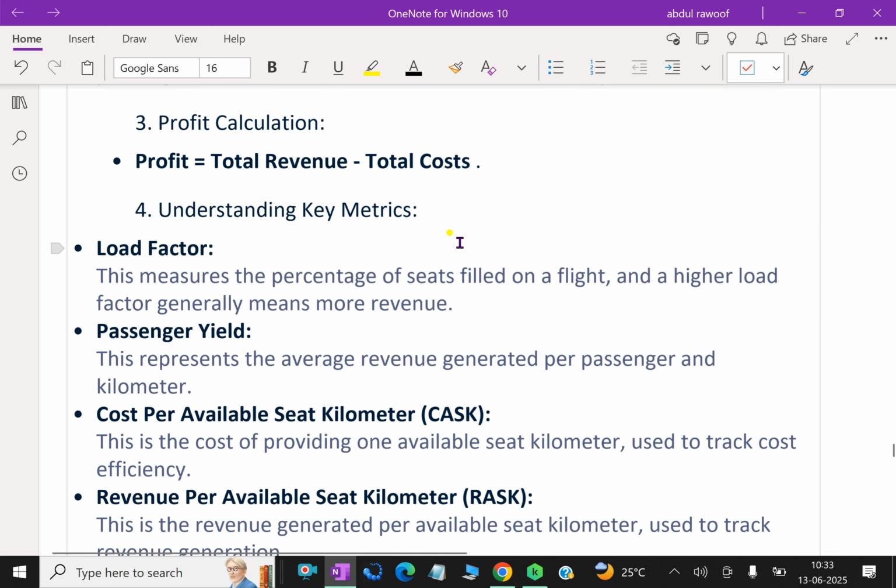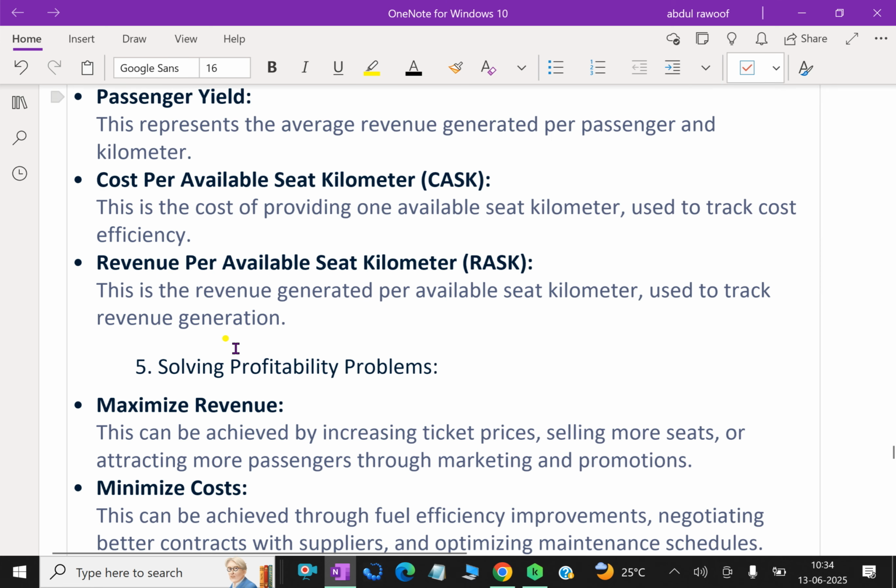Now understand these key metrics here. Load factor. This measures the percentage of seats filled on a flight, and a higher load factor generally means more revenue. Passenger yield. This represents the average revenue generated per passenger per kilometer.